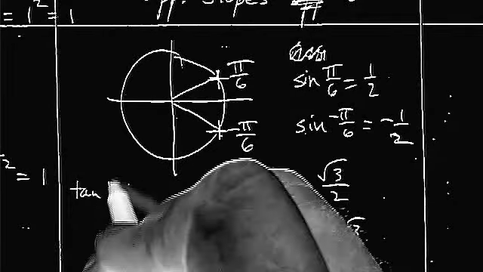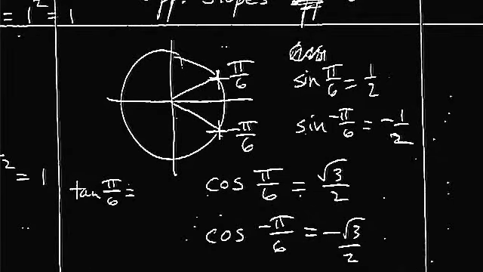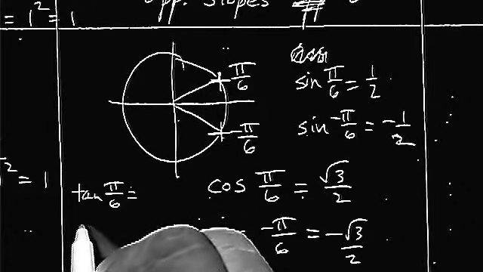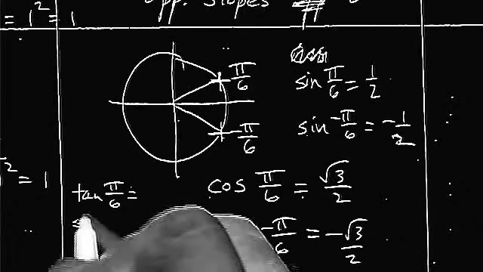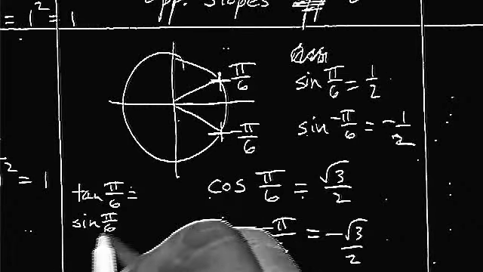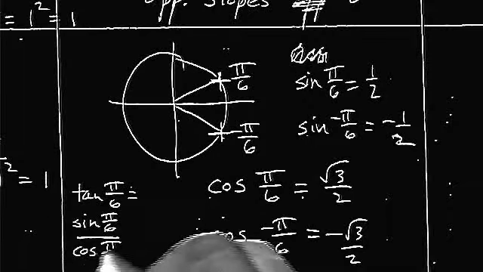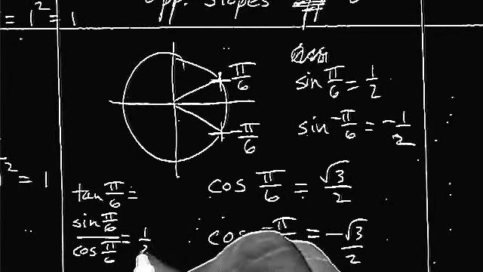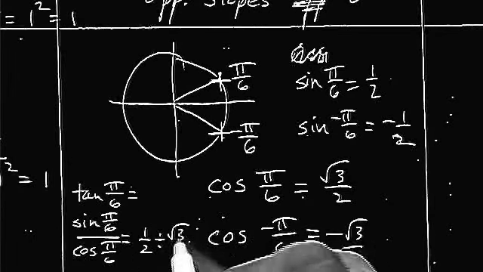The tangent of pi over 6. Well, that's slope, right? That's the rise over the run. So that's the sine divided by the cosine. Okay, so that's 1/2 divided by radical 3 over 2, which is the same thing as 1/2 times 2 divided by radical 3.